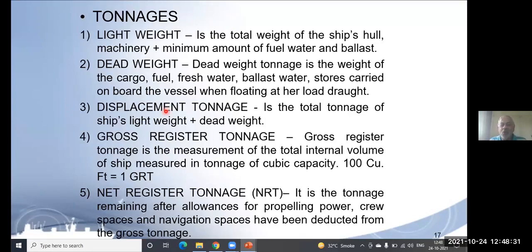So because the ship is floating in water and water is getting displaced, that is why this word is taken as displacement, which is the total weight. Displacement is the light weight of the ship plus dead weight. So it is the total weight of the ship. Do you appreciate all these 3 points?